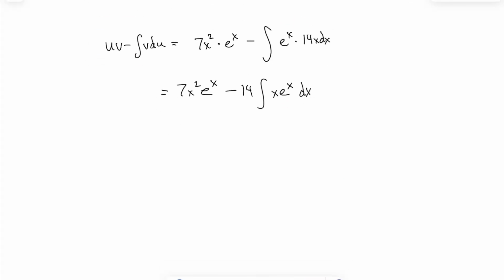All right, so let's do the parts again. I make a new choice of a u and a dv. The u is, I'm going to choose x, because that's how I do it when part of it is a polynomial. Then the du is 1 dx, and the dv will be the other part, e to the x dx, and the v will be the integral of that, which is e to the x. All right?